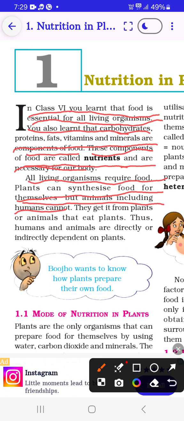They get it from plants or from animals that eat plants. Thus, humans and animals are directly or indirectly dependent on plants.